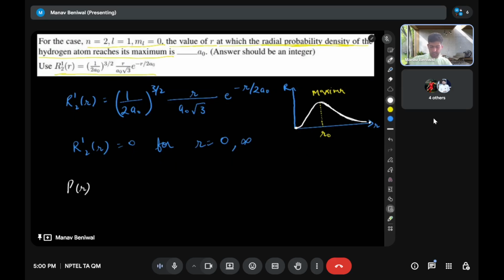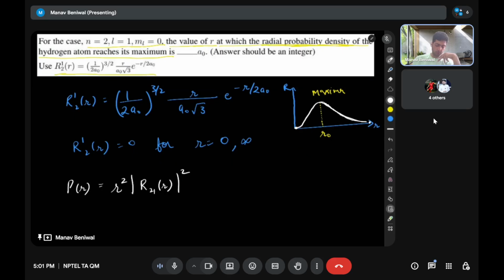This is the radial probability density. This is given as r squared that comes here and then mod of R1,2 squared. So this is how the radial probability density is defined.